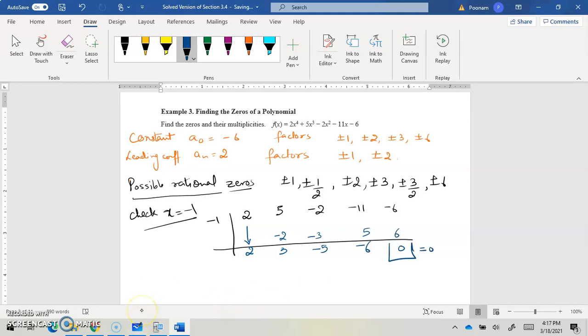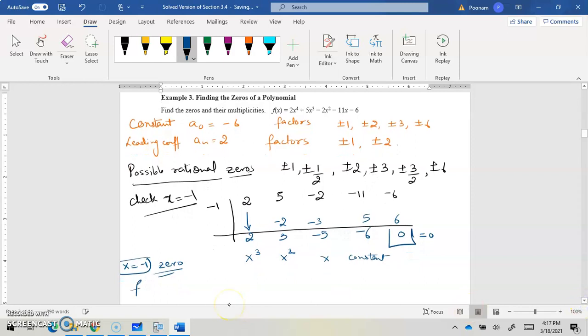That means x equal to negative 1 is a zero, and the quotient would be of degree 3. So x cubed, x squared, x and constant term, meaning f of x can be written as x plus 1, that factor is coming because of negative 1, times 2x cubed plus 3x squared minus 5x minus 6.